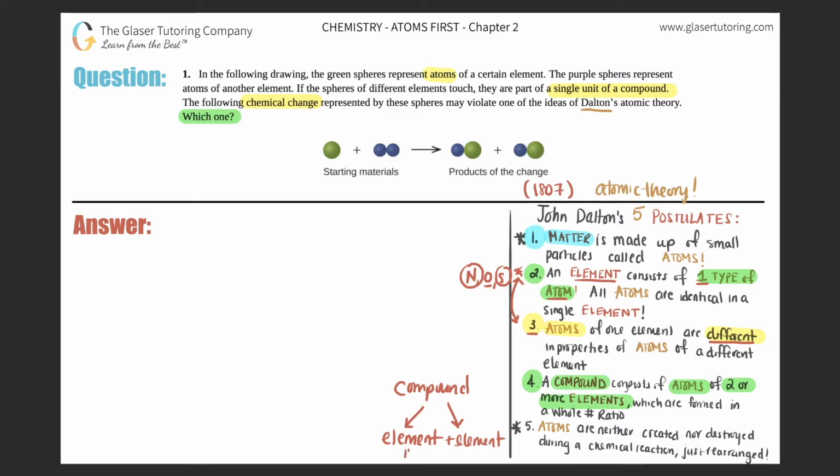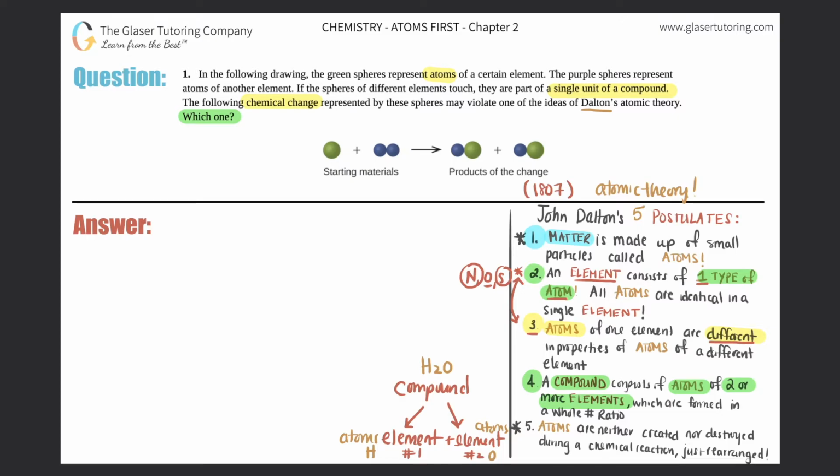And that's what a compound is. So it just has to be 2 different elements. For example, H2O is a compound because it has atoms of hydrogen coming together with an atom of oxygen, right? There are 2 atoms of hydrogen coming together with 1 atom of oxygen, hence they make H2O.